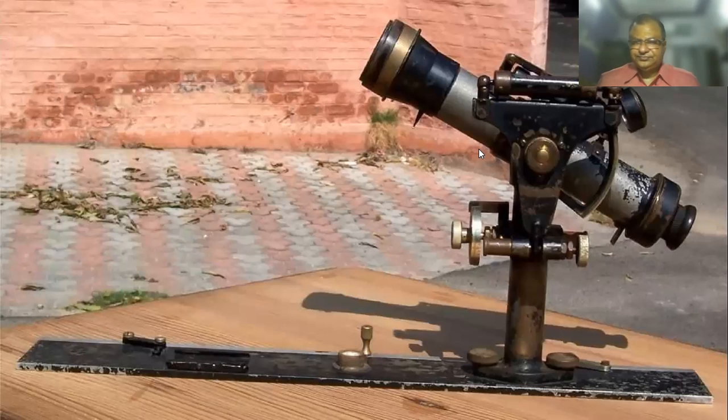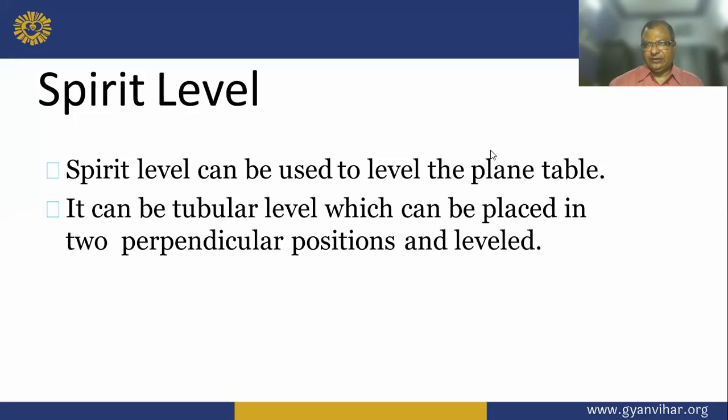Have you seen a spirit level? A spirit level can be used to level the plane table, and it can be a tubular level which can be placed in two perpendicular positions and leveled.